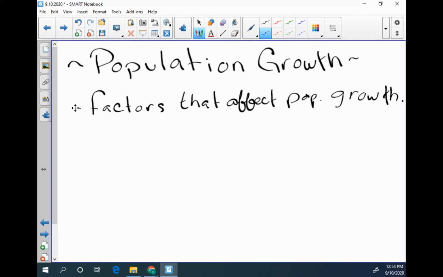The first one we're going to talk about is births and deaths. Naturally, our population is going to be affected in size by the rate at which things are born and the rate at which things die.